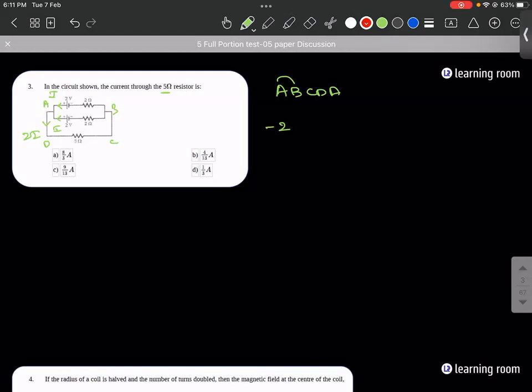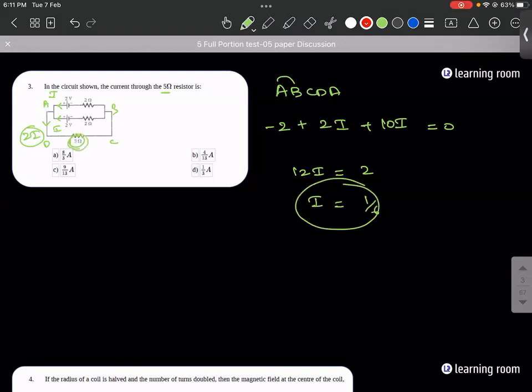So minus 2 plus 2I plus 5I is equal to 0. Will 5I be like 10I? Because 2I into 5, so 10I is equal to 0. So 12I will be equal to 2. I will be equal to 1 by 6. But we need the current through the 5 ohm. So current through the 5 ohm will be 2 into I, which is going to be 1 by 3 ampere. So 1 by 3 ampere is the right answer.